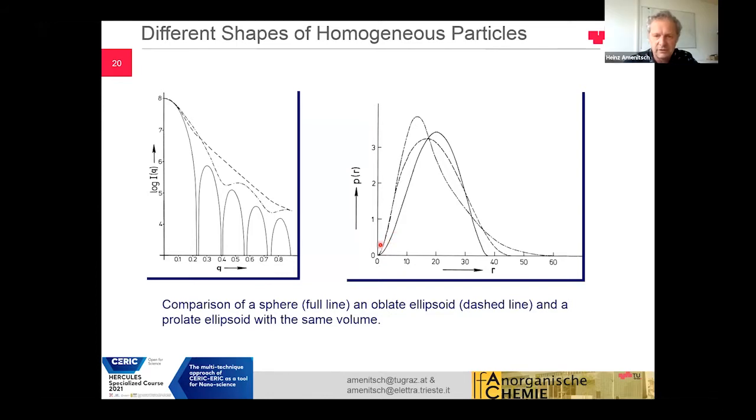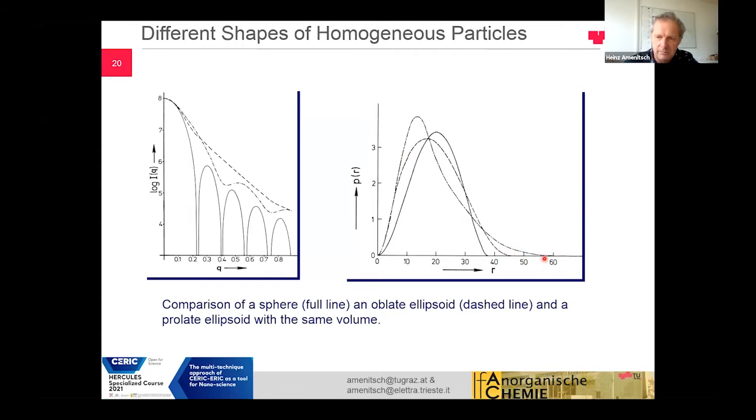And if you look here, this has the bell-shaped function. This would be the sphere. What is important is that for oblate and prolate ellipsoids, this gives this extension of the pair distance distribution function, and the peak is shifted to smaller values. So this is very important.